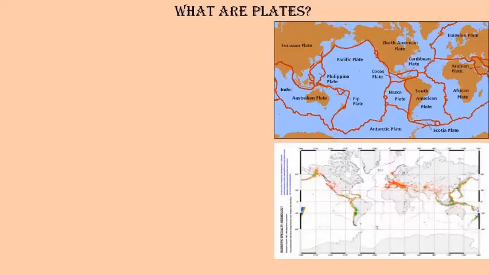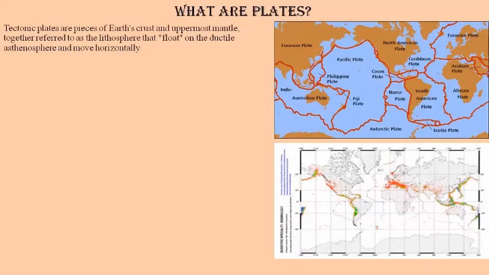Now let us see what the plates are. What do we mean by the plates? In one of my earlier lectures, I had already explained the continental crust and the oceanic crust, and the reason why the continental crust is floating over the oceanic crust. This continental crust is part of the lithosphere.